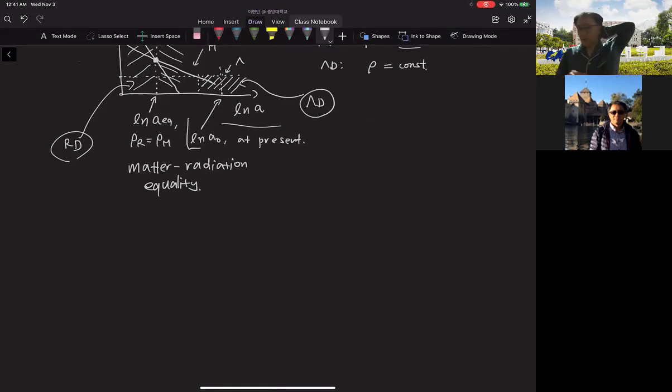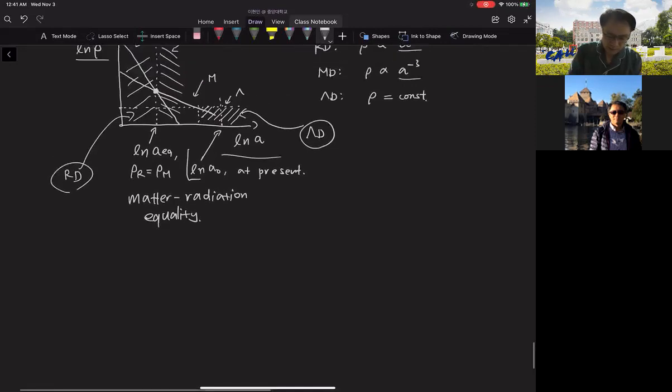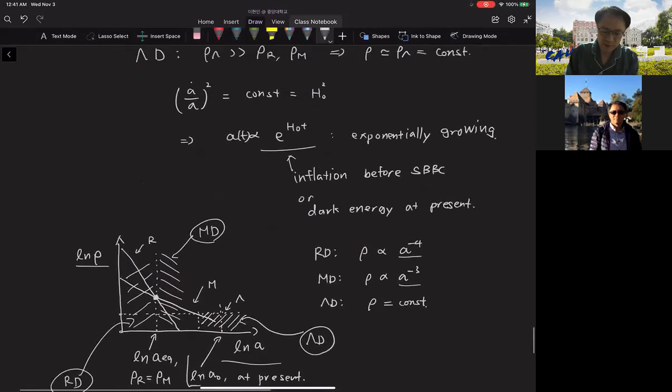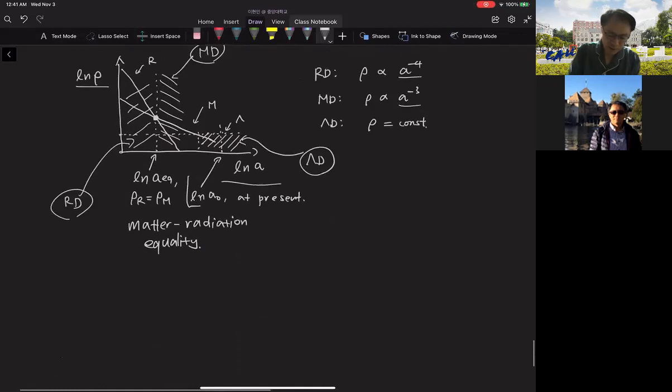So until now, I have finished the basics for describing the early cosmology.